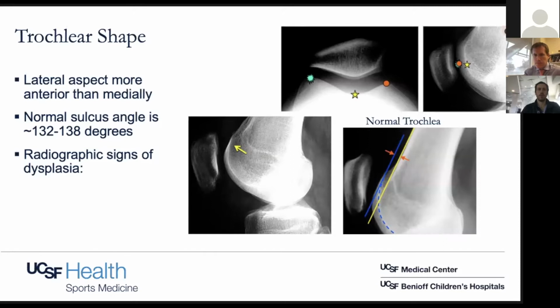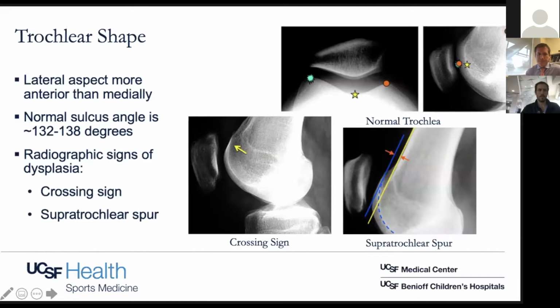You can have a crossover sign. Yeah, a crossing sign, and that's where the lateral trochlea is lower down, so you don't have that bony geometry to keep the patella from translating laterally.